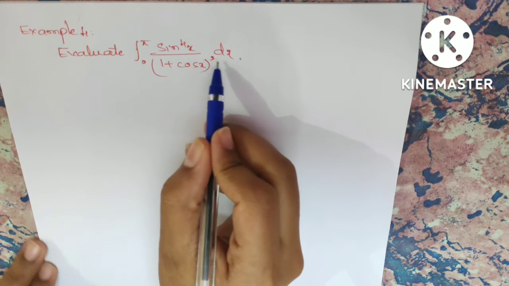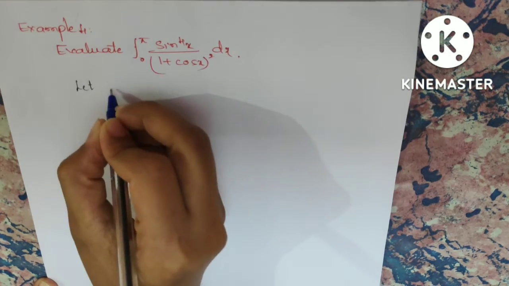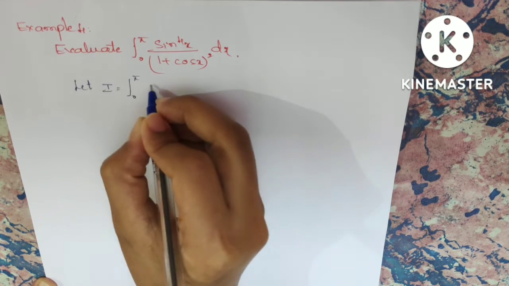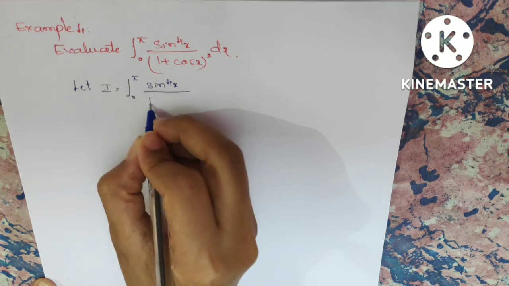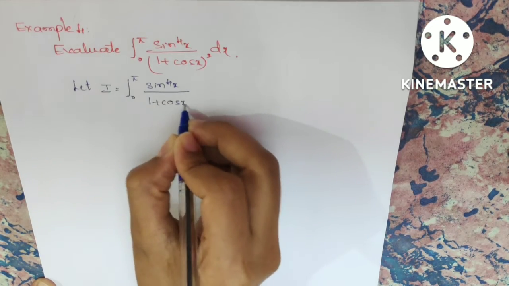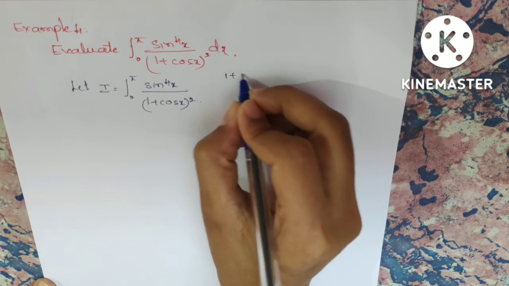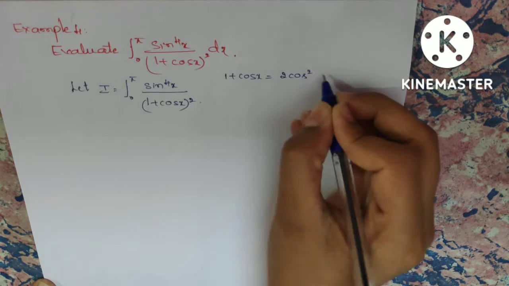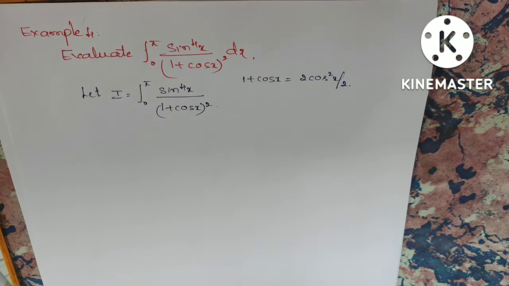Let I equals integration of 0 to pi sine power 4x divided by 1 plus cos x whole square. Students, 1 plus cos x is 2 cos square x by 2.